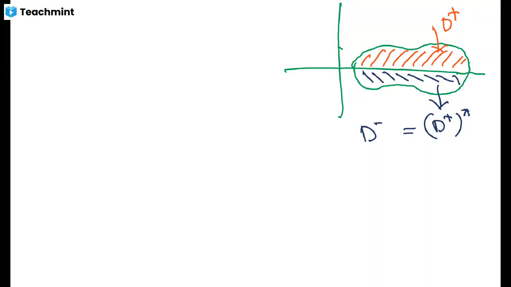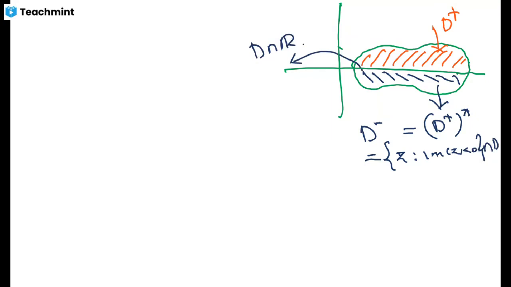I am writing D minus because it is nothing but the imaginary part of z less than 0 intersection D. And the other part of this is this real axis, and this is D intersection R.